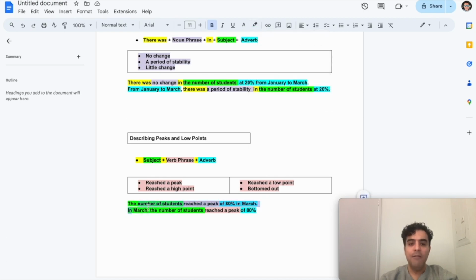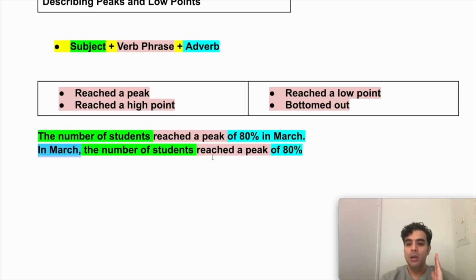So for example, if it's happening during a month, we know that for months we use in. If you're talking about a particular time of the day, again, you could say in the morning, in the afternoon, in the evening. If it's a particular time on the clock, then you could say at 12 o'clock, at 1 p.m., right? Or maybe the peak happens in a duration. So you could say, between February and September, it reached a peak, something along those lines.